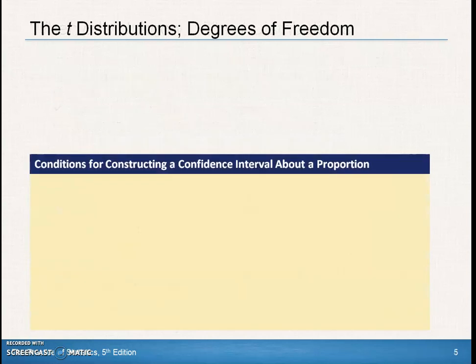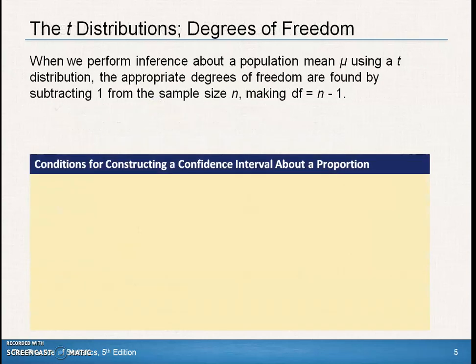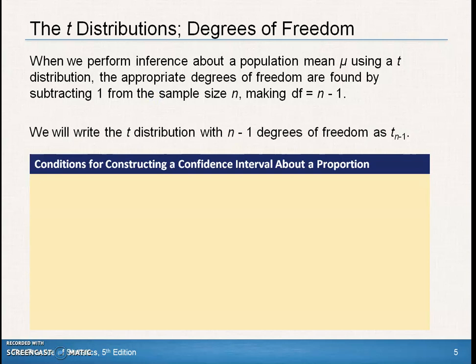So our degrees of freedom will be n minus 1. I'm not sure that's the logic they used here, but that's what they found that they need to use. Whatever n is, the size of your sample, if it's 10, you have to use 9. If it's 50, you have to use 49. So the t-distribution with n minus 1 degrees of freedom will be t sub n minus 1.